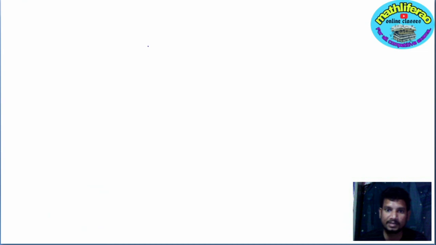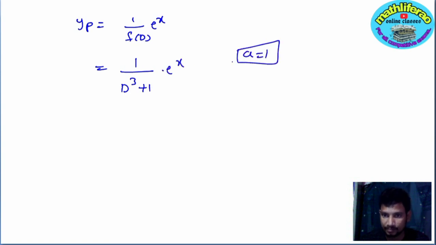Particular integral means yp equal to 1 by f of D into e to the power x. And 1 by f of D is D cube plus 1 into e power x. Here the value of a is 1, so replacing a with 1, f of a equal to 1 cube plus 1, which is 2, not equal to 0.